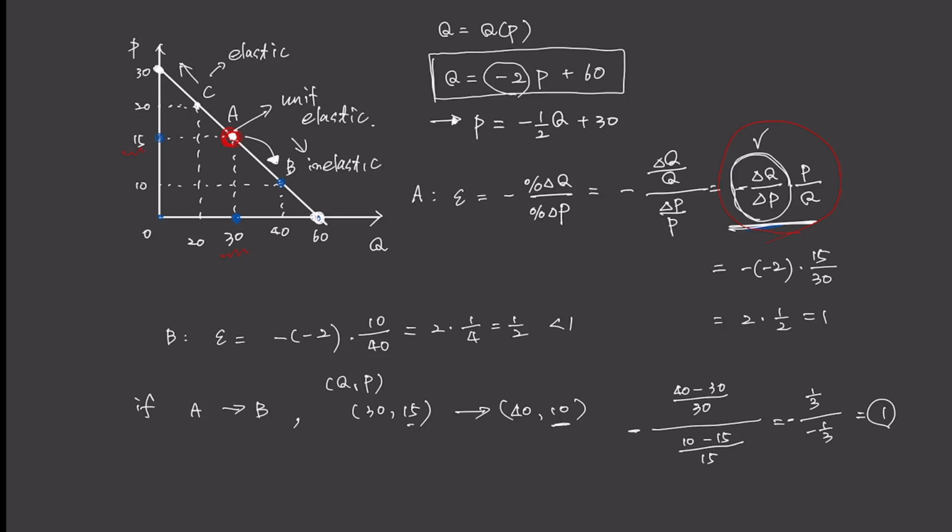The percentage change is delta Q over Q divided by delta P over P. By doing so, we can calculate everything in point estimation, or from point A to point B. So both ways you can do it, and usually we do the point elasticity calculation more conventionally.